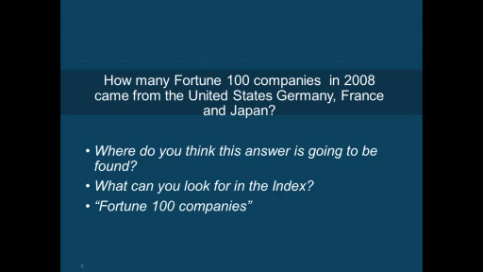So if you look up the Fortune 100 companies in the index, and the index is in alphabetical order, so you can just be looking under Fortune. And when you're in the index, you're going to find that it's on pages 26 and 27.